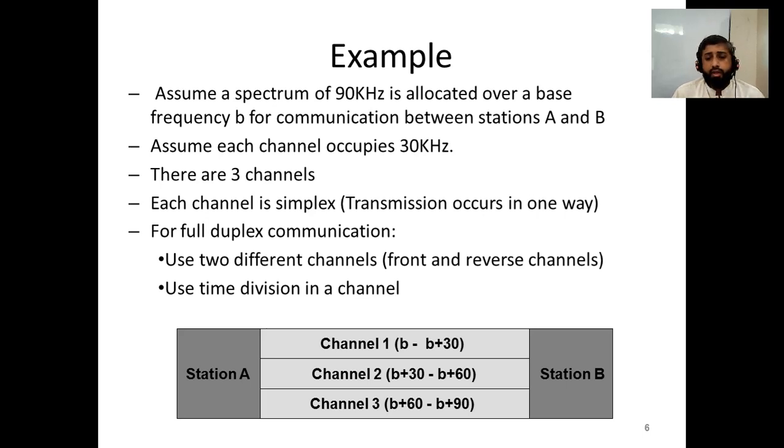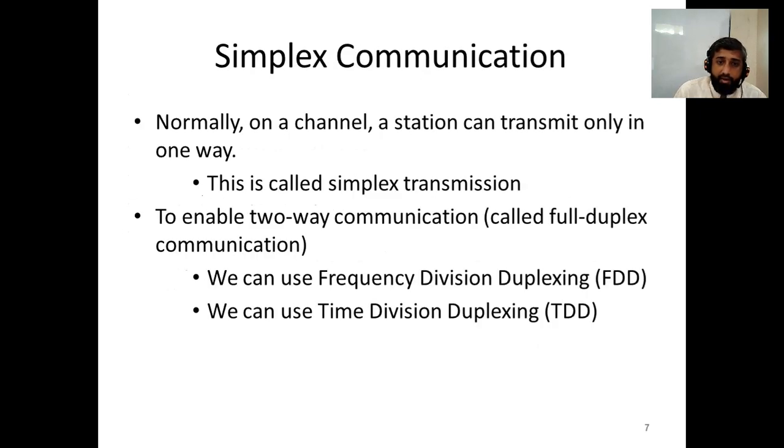For example, if we are using channel 1 as the transmission channel for station A to station B, we can use channel 2 as the reverse transmission for station B to transmit to station A. Another option to have this duplex communication is time division duplexing, as we will be discussing later.